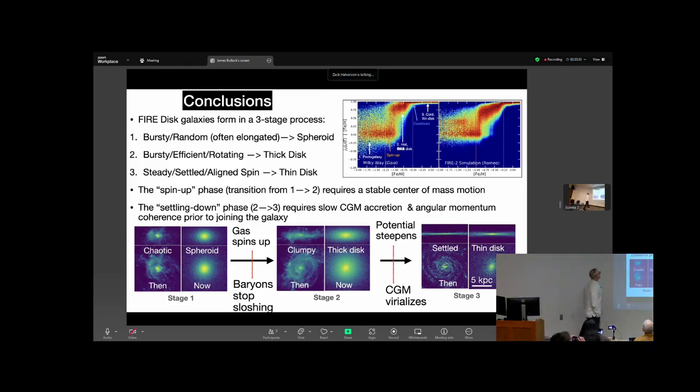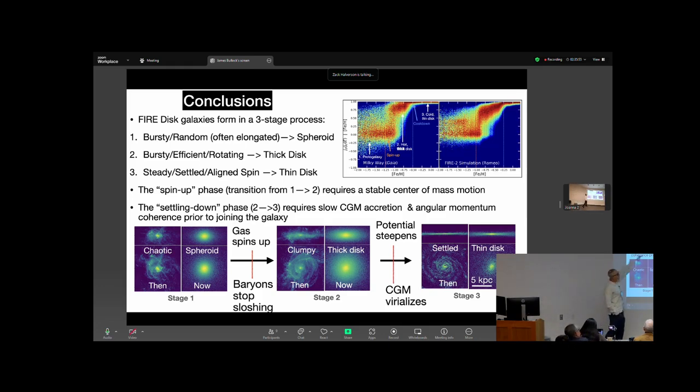So, conclusions. It looks like these FIRE-2 disk galaxies evolved through these three kinematic phases, which are very reminiscent of the three kinematic phases we see in the Milky Way. The first phase is this bursty random phase, sometimes described in these elongated shapes.